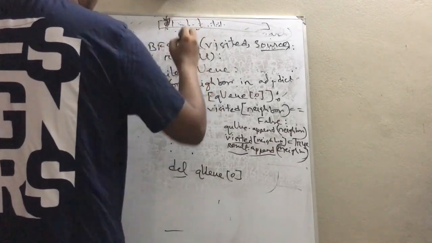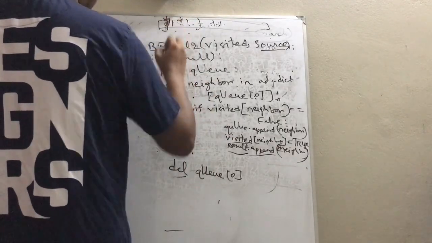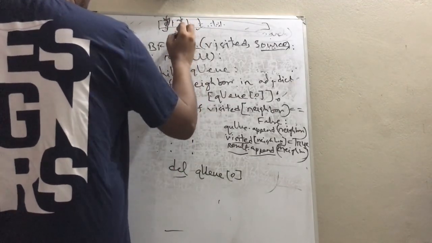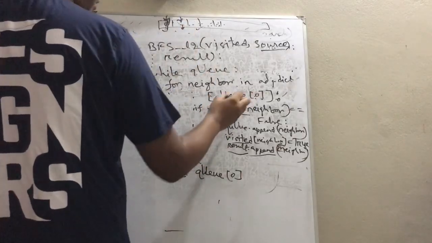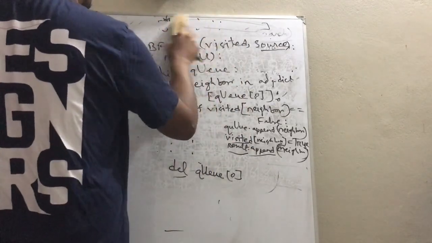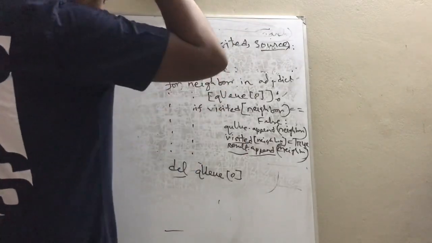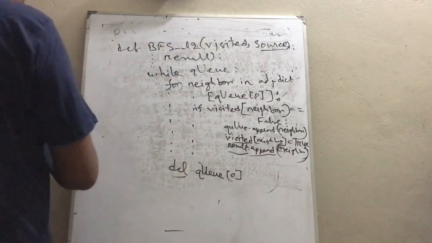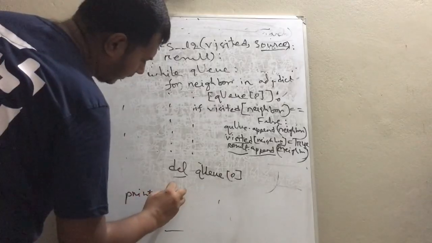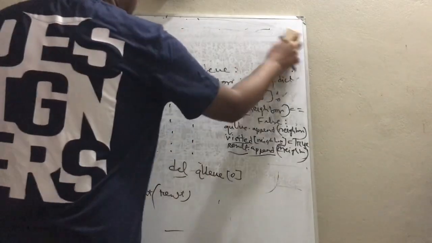Then we move to the next element, which, after the deletion, has become the first element or 0th element of the Q. Again we go to Q0, until all the elements are removed from the Q. Result. So BFS is done.